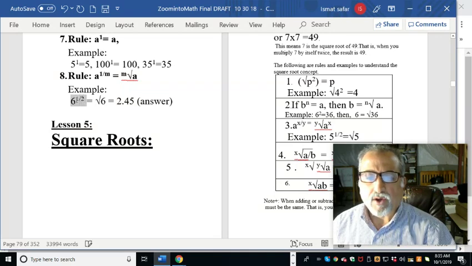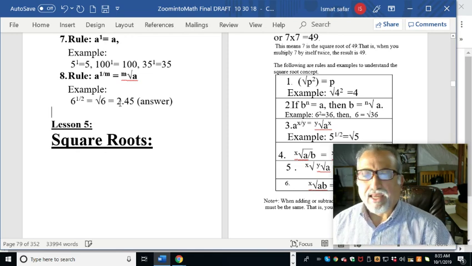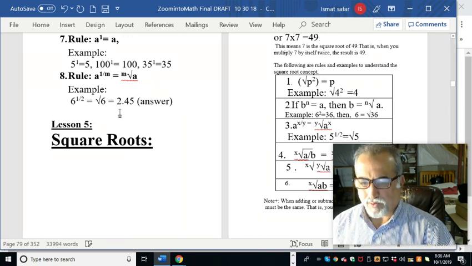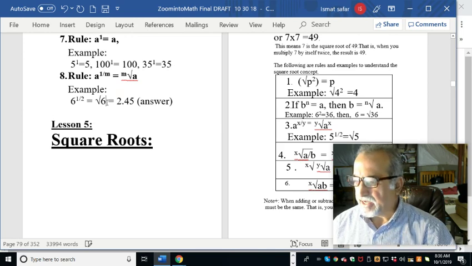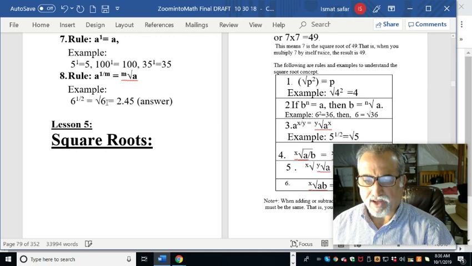It becomes square root of 6, which is 2.45, which means a number that if you multiply it by itself twice, it becomes 6.